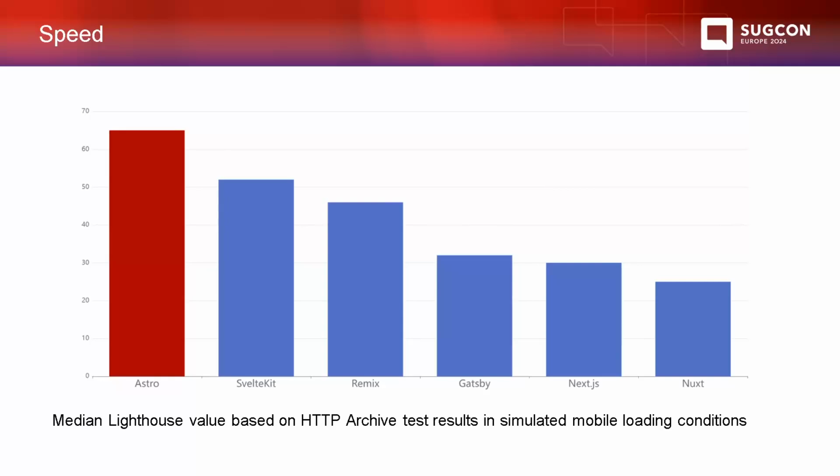Astro is fast by design, and for most of the components, Astro does not run this hydration process. That's why it's really hard to make a slow website using Astro.